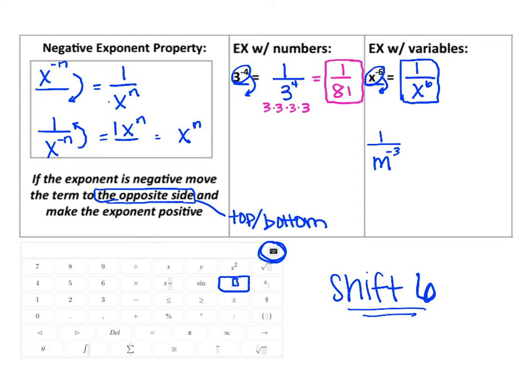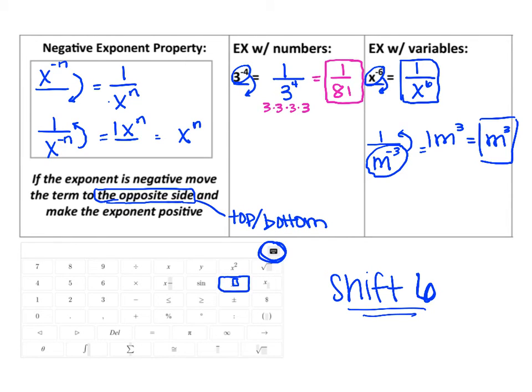This one would be one of those things where I would take my m to the negative 3rd and move it to the top. So it would really have an m to the 3rd, a 1 times m to the 3rd, but we really want to write that, if we're simplifying, as just m to the 3rd.